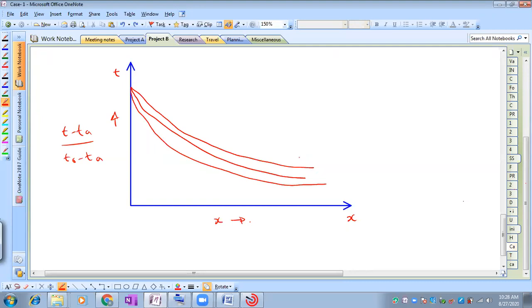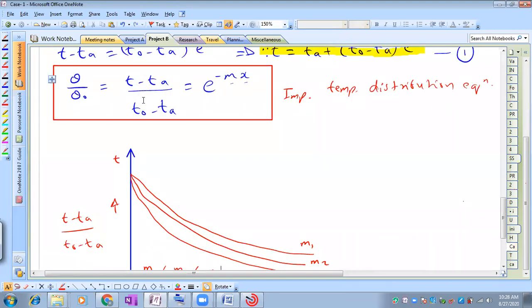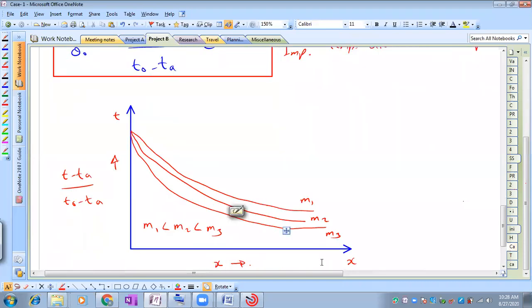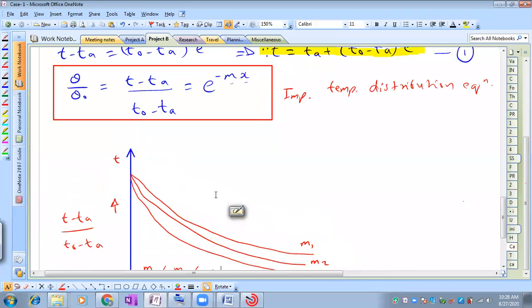So this is my M1, this is my M2, and this is my M3. So I can say that M1 is less than M2, and this is less than M3. What I considered is that I only plotted my dimensionless temperature on the y-axis and x, the length of the fin, on the x-axis, and m is the parameter that I had considered.